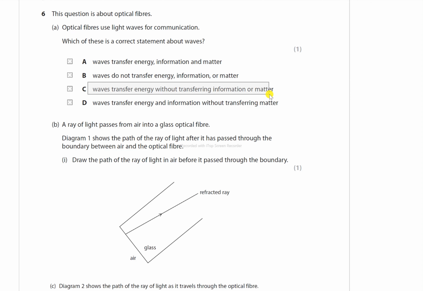Waves transfer energy without transferring information or matter. No, I definitely know it's not that and not that. Waves transfer energy and information without transferring matter. Yes, they can do. That's why they're used in communications. They can transfer information. So it's that one.